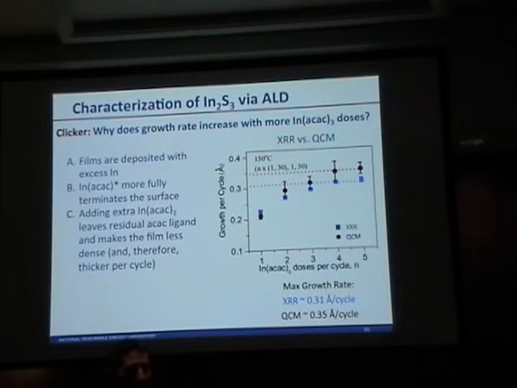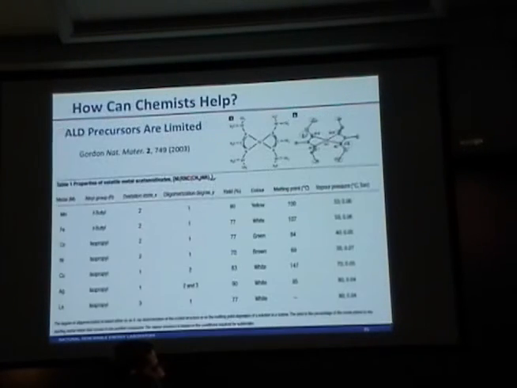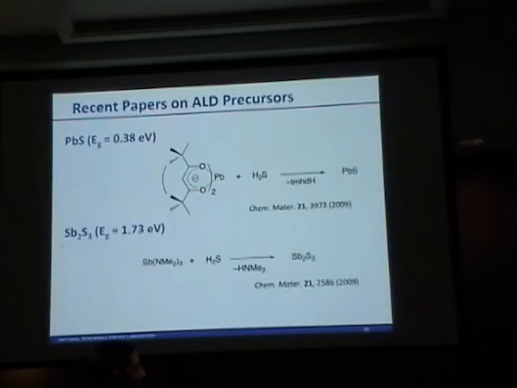So basically, you put on a little bit of your indium macac, but it doesn't completely cover the surface. You have to purge out the gas. Then you put more of your indium macac, and a little bit more sticks on the surface. And so what that brings up is actually quite poor reactivity of your indium precursor with the surface. And so in atomic layer deposition, you want to do a lot of things to improve the reactivity, and I have a few slides on that.